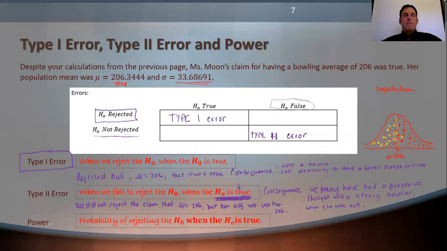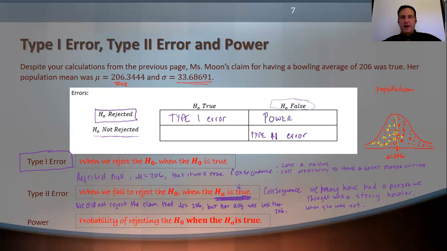Power. Power is the probability of rejecting the null when the alternative is true. So basically what you're doing is you're rejecting the null when you're supposed to, and that actually fits this box up here. You're rejecting the null when the null is false.